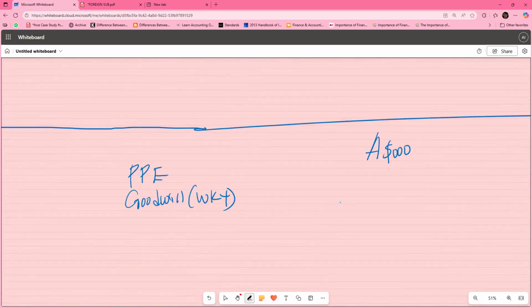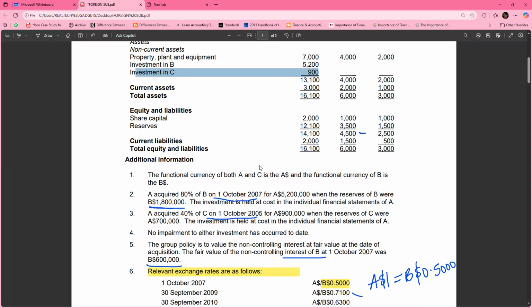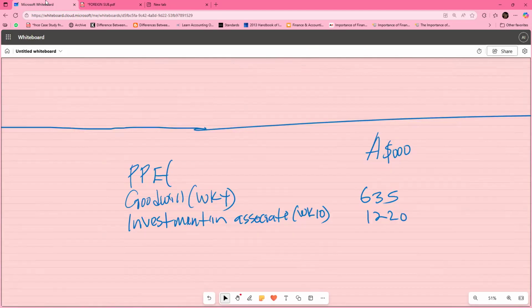So goodwill is 635, then investment in associates is 1,220, and that's working 10. All right. So the PPE of the parent is how much? The PPE of the parent is 7,000.